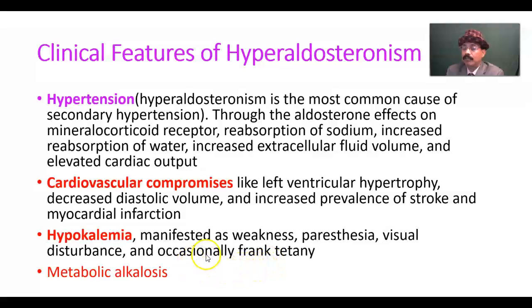There will be metabolic alkalosis because hydrogen is released along with the urine through the renal tubule. Bicarbonate is absorbed into the body, so there will be metabolic alkalosis because it is also handled by the kidney.